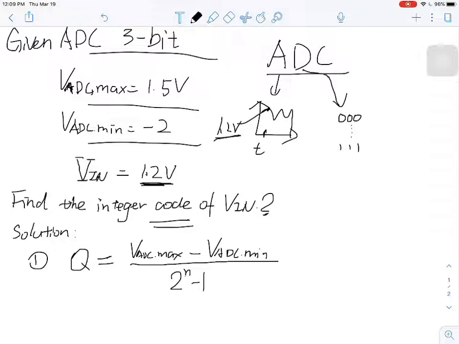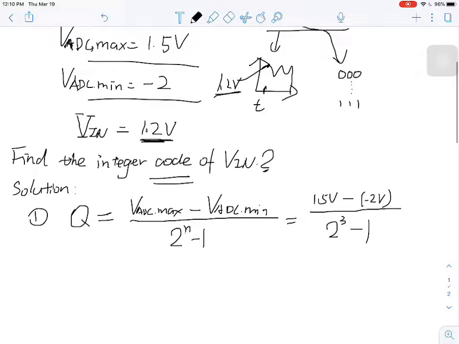N is the number of bits here. So in this case, you can plug in all the numbers. Maximum ADC voltage equals 1.5 volt, the minimum ADC voltage is negative 2 volt, and divided by 2 to the 3 minus 1. Then you're able to find out what Q, the quantization, is.